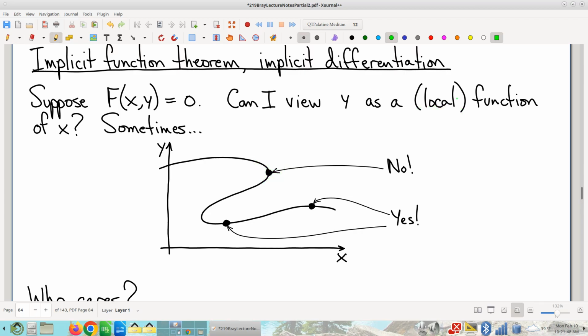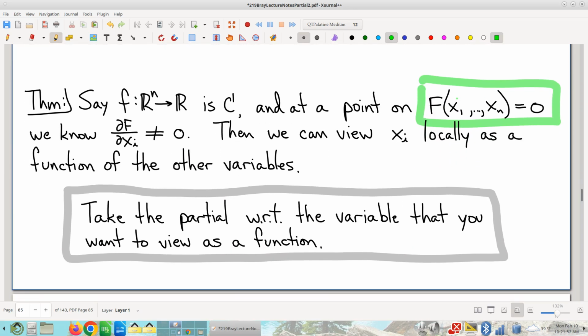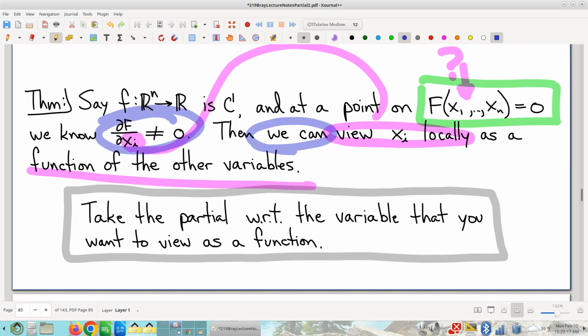So anyway, our theorem that we came to last time is that if you want to view one of those variables, whichever one it might be, as being a function of the other variables, the big test, the way you do this, is you look at the partial derivative with respect to that variable, and if that partial derivative is non-zero, then there's no problem.